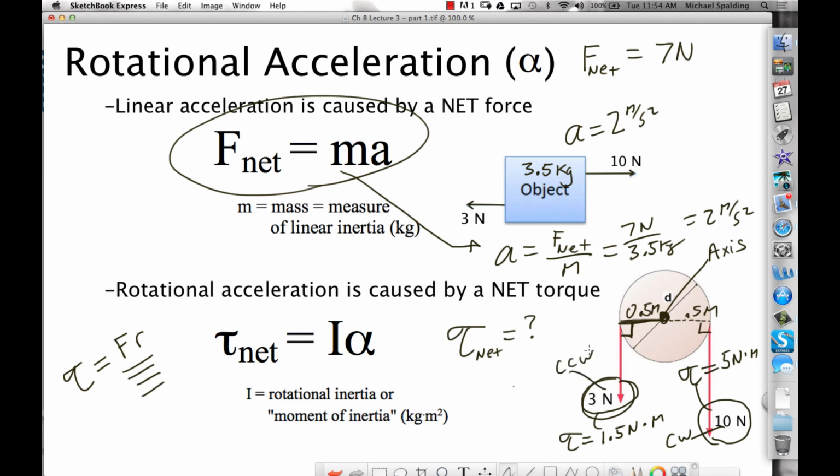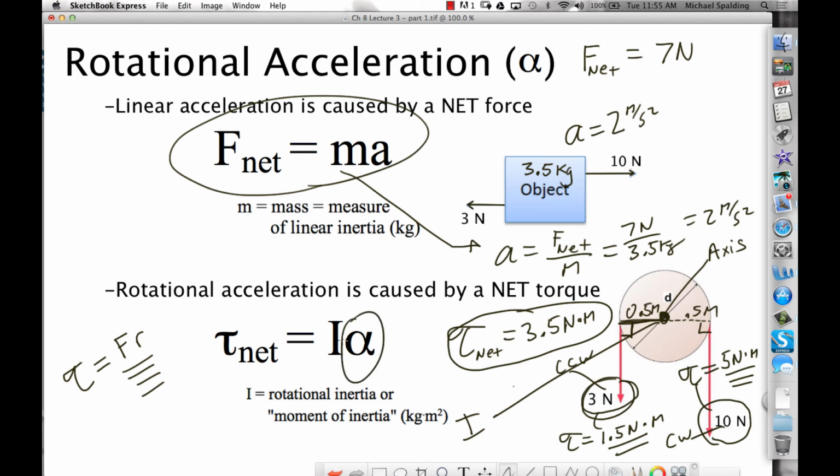The sign convention for torque is clockwise, counterclockwise. So what would the net torque be for this wheel? We have 5 newton meters clockwise, 1.5 newton meters counterclockwise. What would that simplify to? 3.5 newton meters.